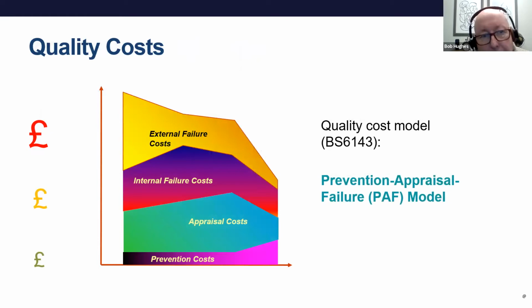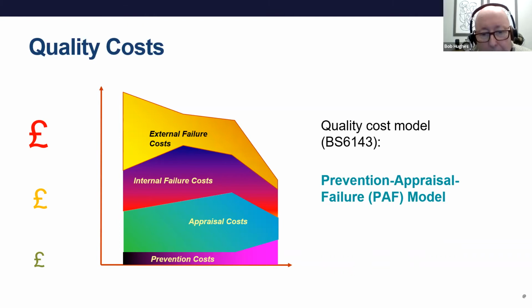So we split that up into 3 areas, to be honest. These 3 areas are known as PAF. What are we spending at prevention? What are we spending at appraisal? And what are we spending at failure? Now, we might have to increase our quality costs at the front end, the prevention costs, and reduce it at the failure end, which is the failure cost.